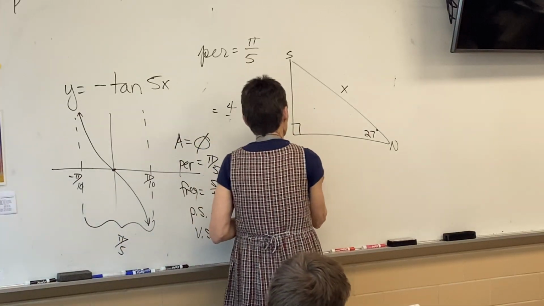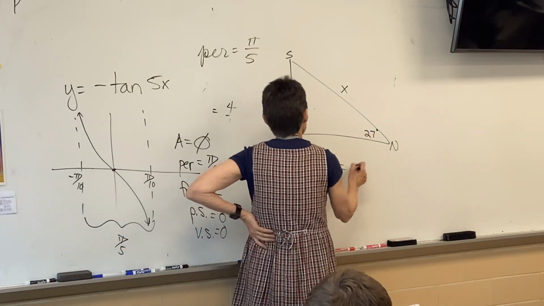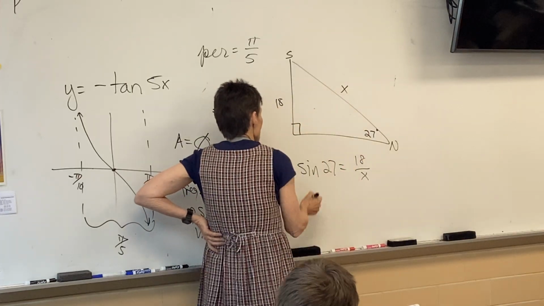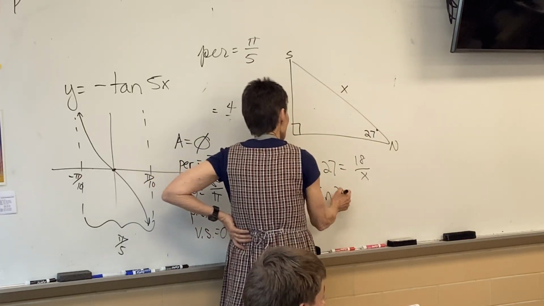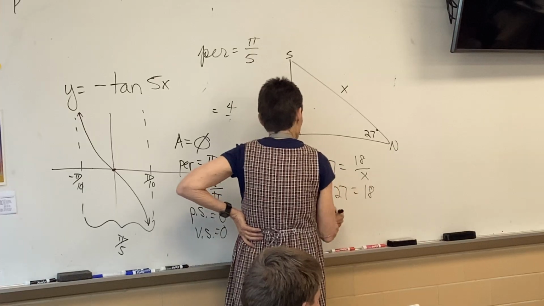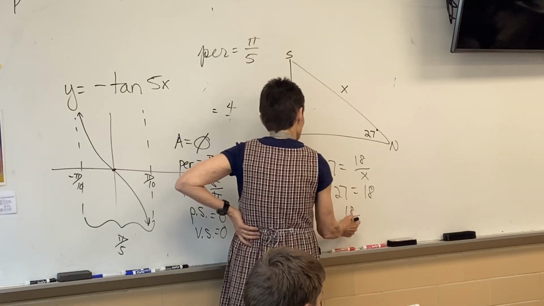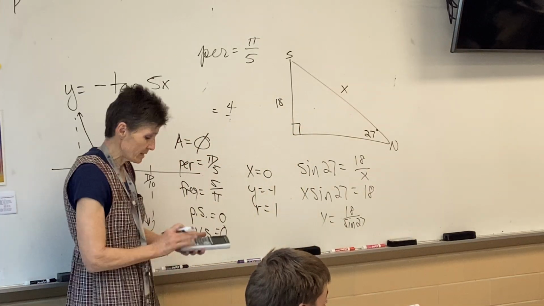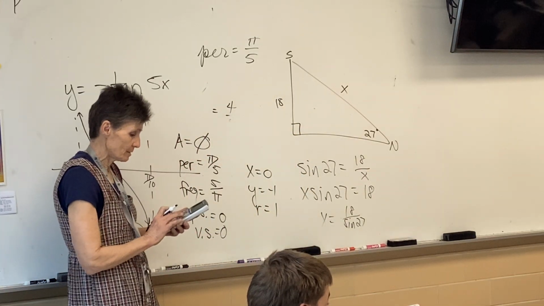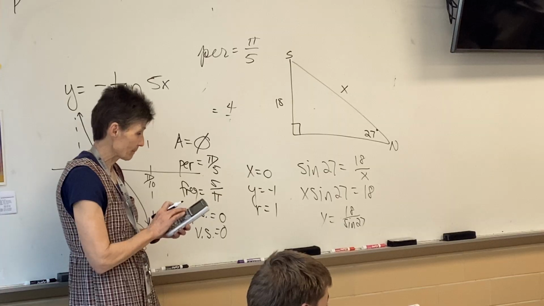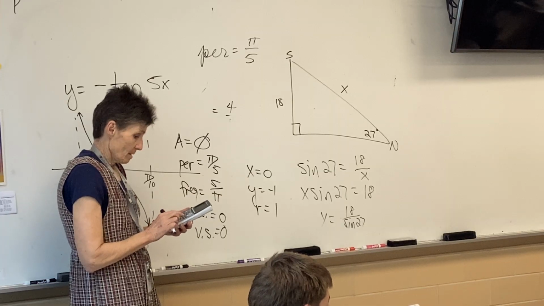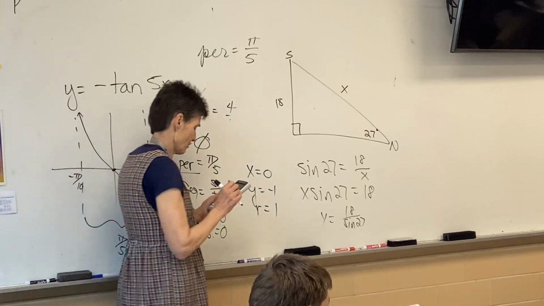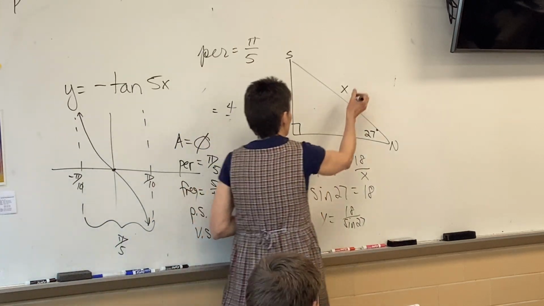Make sure that your calculator is set in degrees. That is a degree, so we'll multiply by x and divide. We will miss that problem if we're not in degrees, so make sure you're in degrees. And the answer is 39.648.